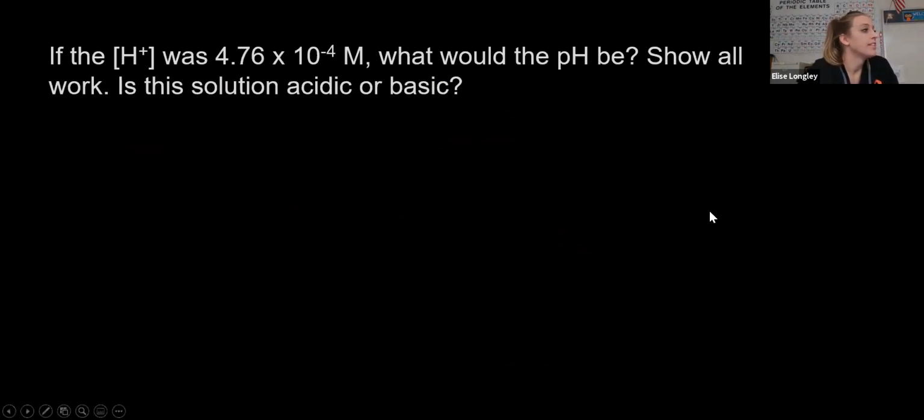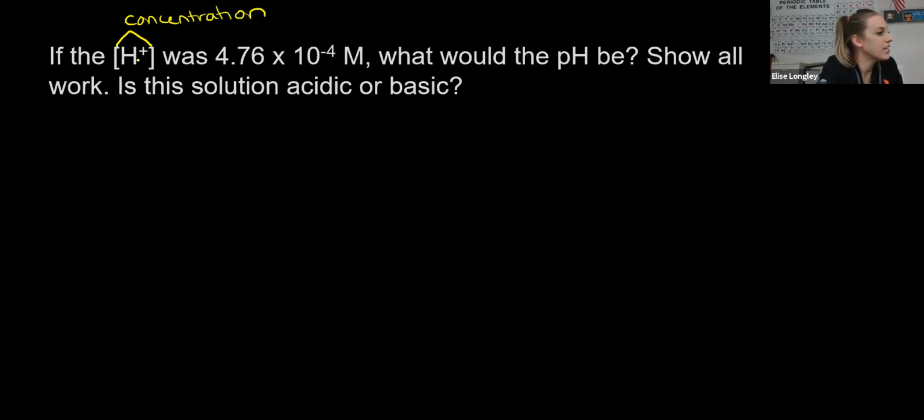All right. And this next one, it says if the hydrogen ion concentration, so to be clear, that is how we read this. Those brackets are what I'm reading as concentration, and whatever is inside of it is the concentration of. So this is if the concentration of hydrogen ions, that's how you say it when you read it, okay?